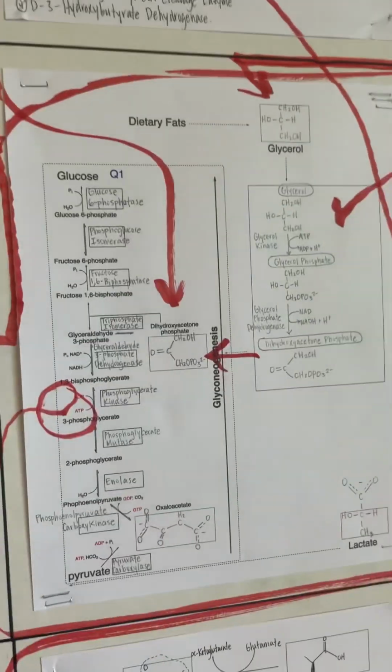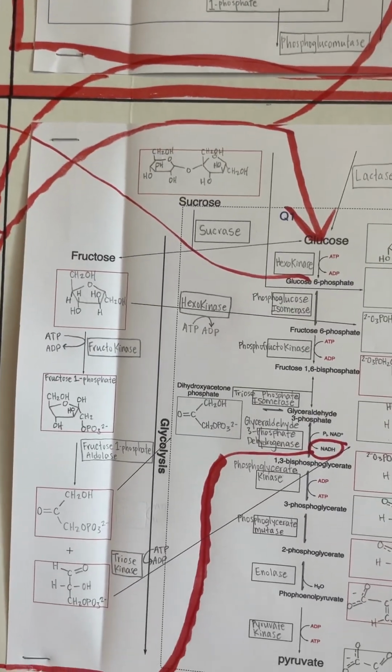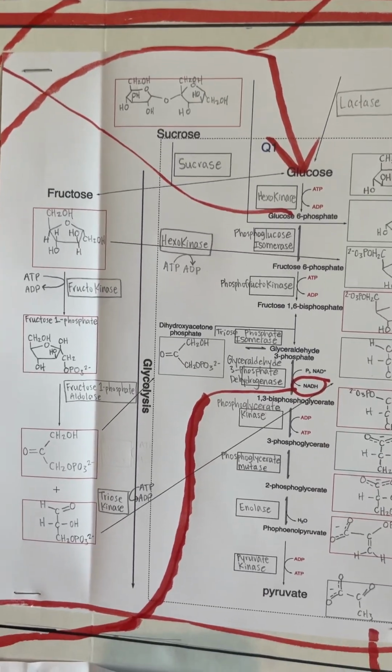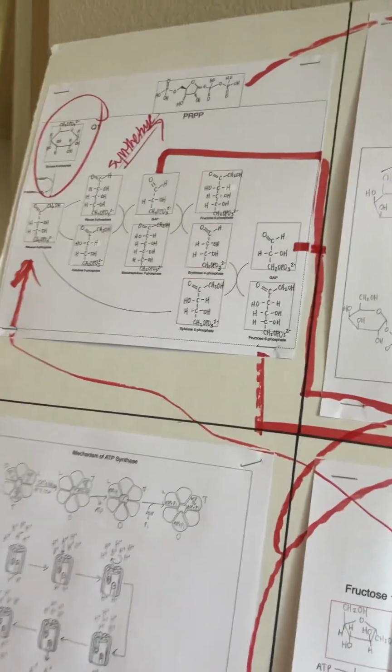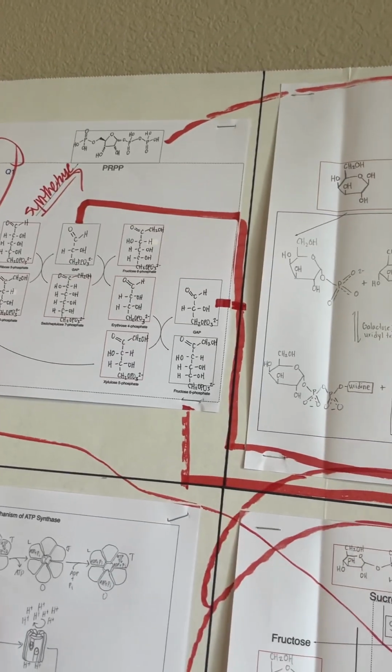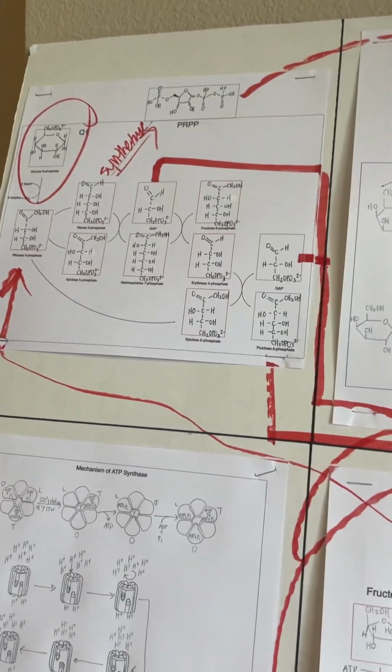So the same way we can generate ATP from the intake of dietary fats and the use of glycerol, it's the same way we can generate ATP through glycolysis by the intake of sugars like fructose, sucrose, and the use of glucose 6-phosphate, which will ultimately be sent and used up here to form our ribose 5-phosphate to obtain our PRPP, which will then yield our pyrimidines and our purines here and our nucleotides.